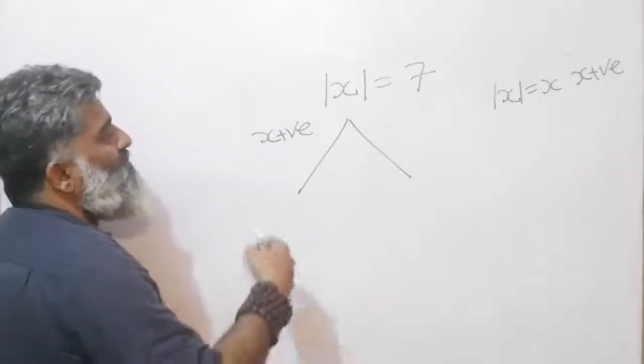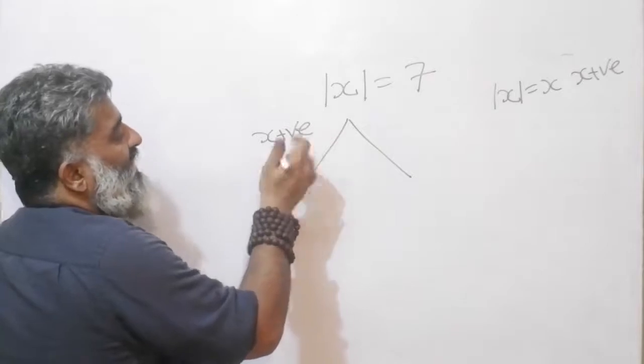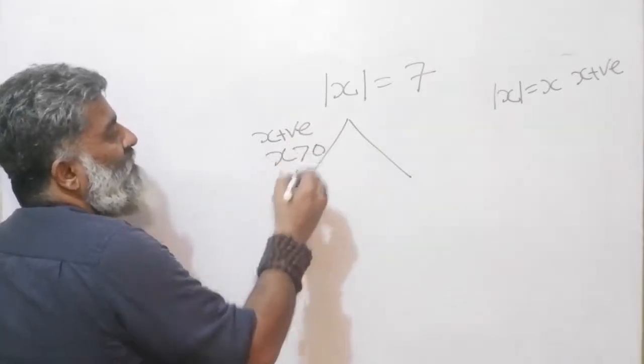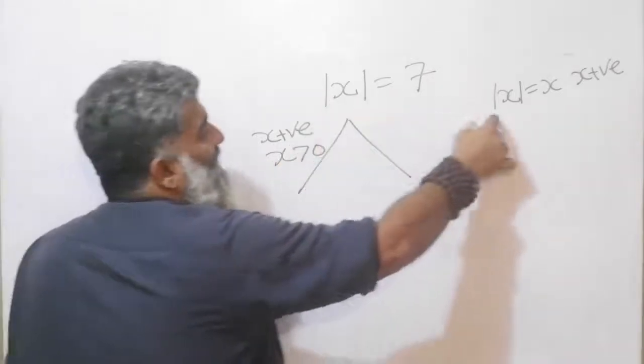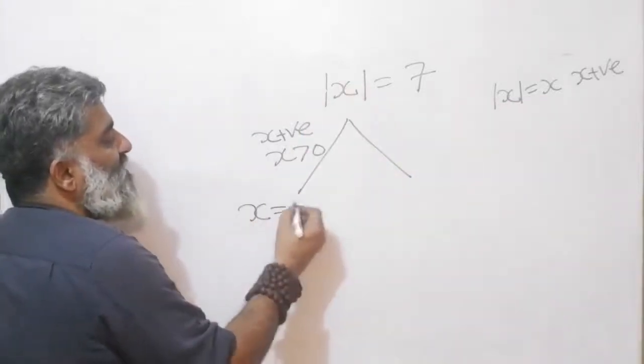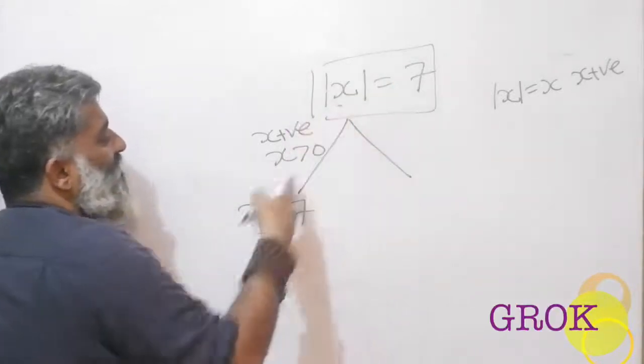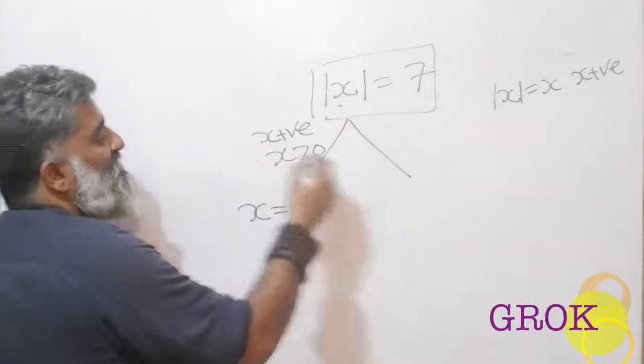So now we are already warmed up with such games. That's what I meant in the beginning, right? X is positive, x is greater than 0. In that case, mod of x is x. So instead of mod of x, I can just write an x, and this is equal to 7. So this equation gets converted into this under this condition.